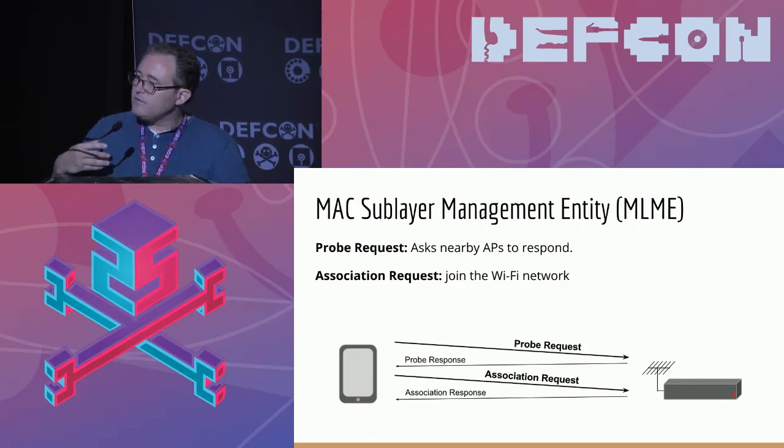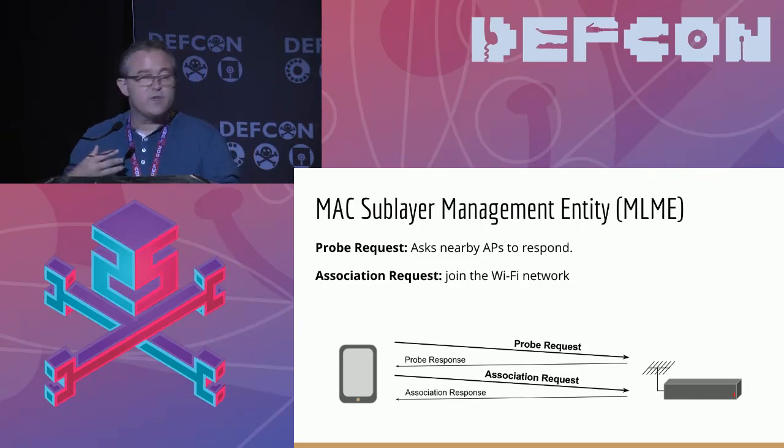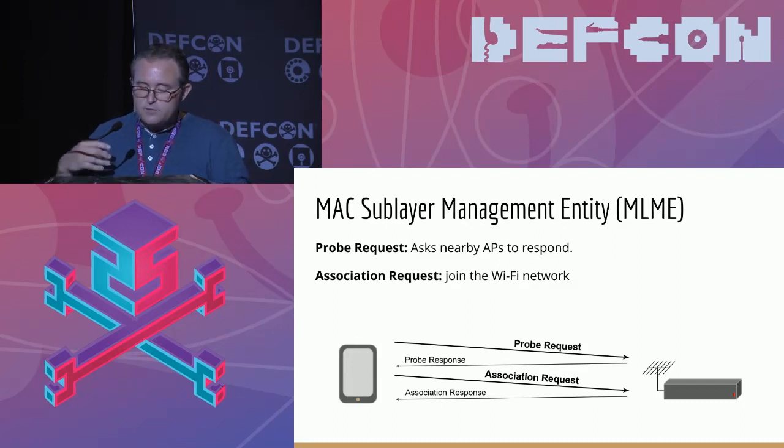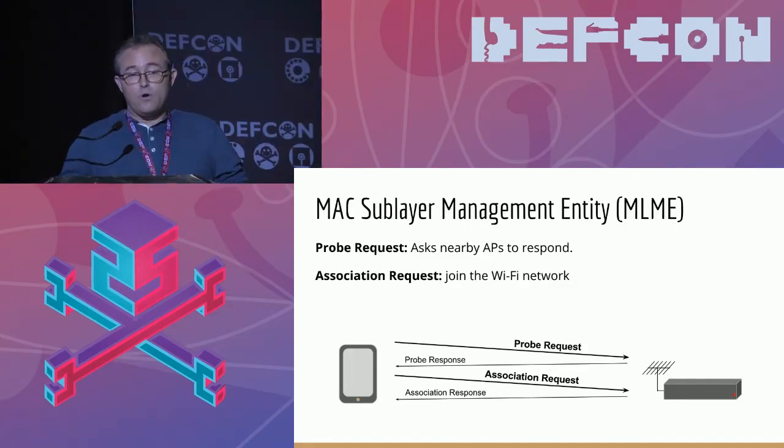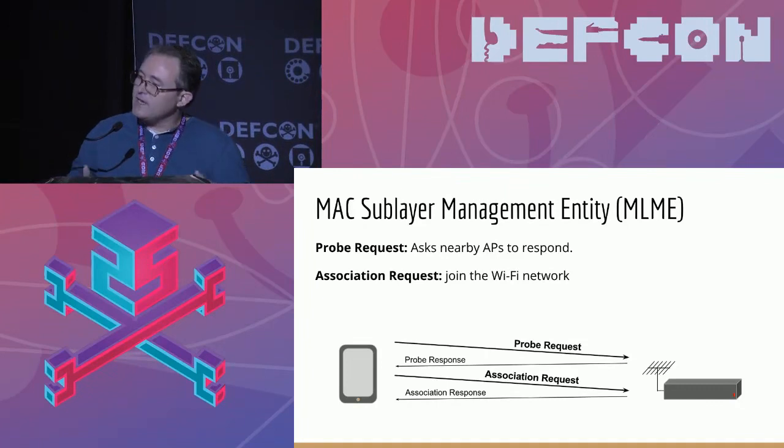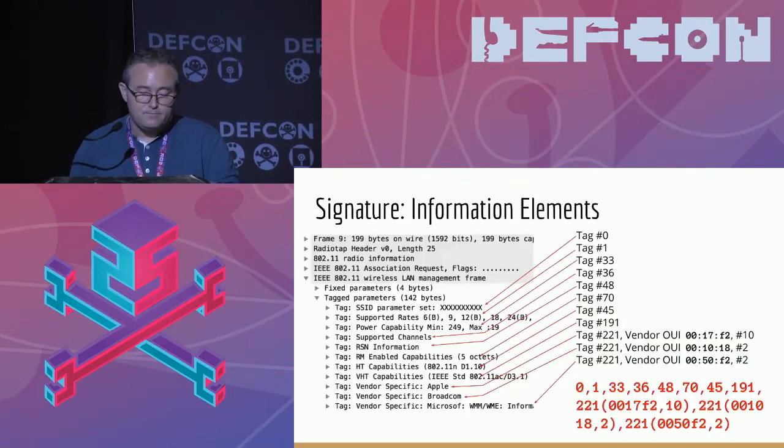The client includes information about itself and its capabilities in the request, and the AP can respond with its own capabilities in the response. We'll also look at the association request, which is where a client joins a Wi-Fi network. The client includes many of the same capabilities as were in its probe request, plus a few more. There are a bunch more MLME frames, like authentication or action frames to modify various parameters, but for the taxonomy mechanism we're talking about today, we'll just rely on these two.